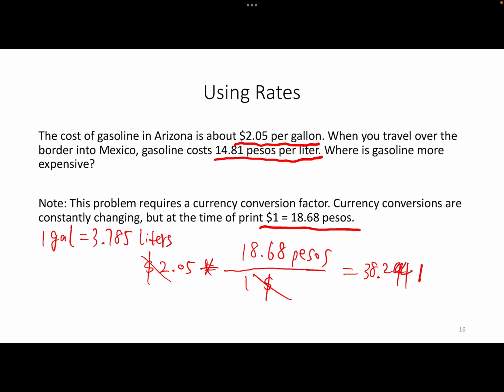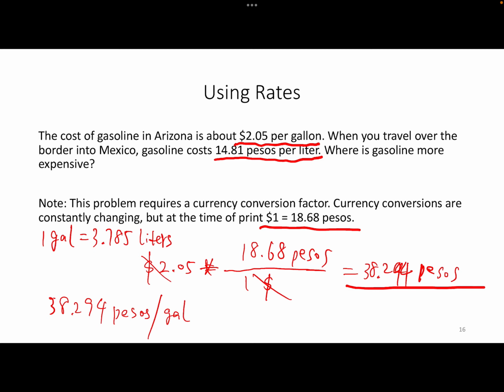38.294 pesos. That's 2.05 US dollars equivalent to that many pesos. And then we have $2.05 per gallon, right? So that's 38.294 pesos per gallon right now.